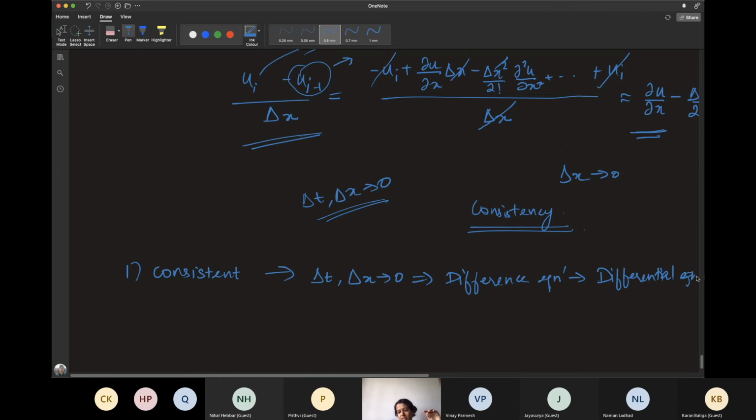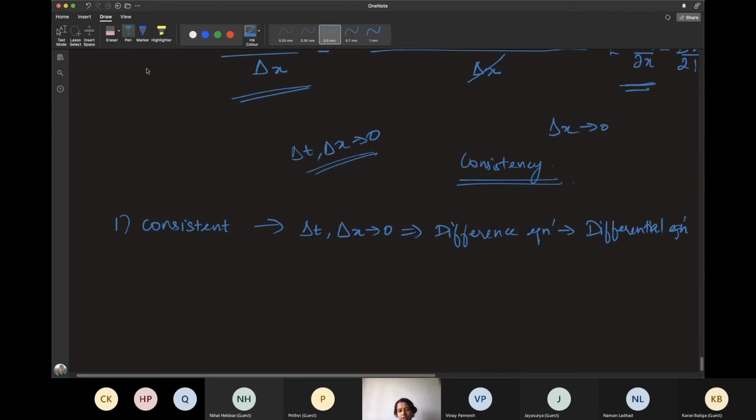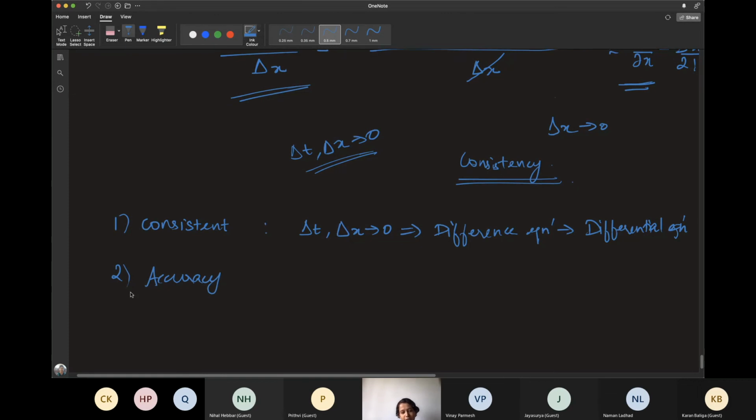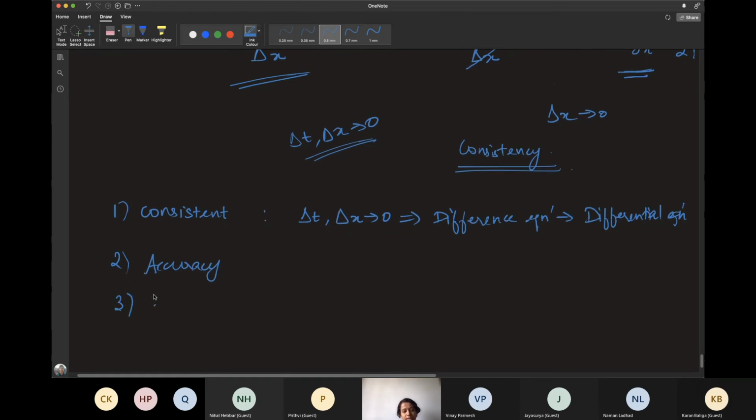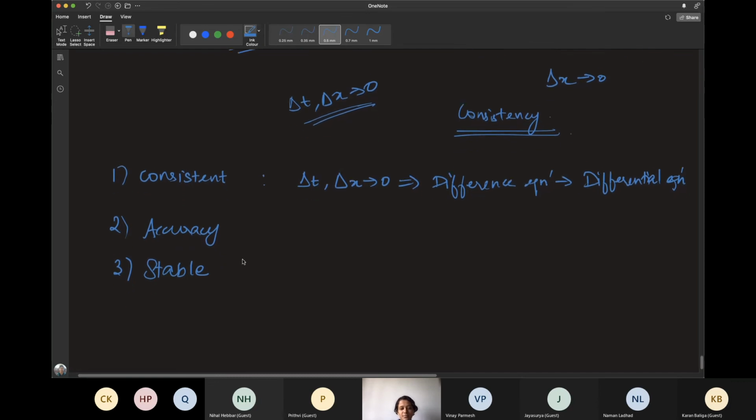If not, then the scheme you have constructed is not a good scheme at all, so there's no point in solving using that scheme. Next, it has to have good accuracy of some order. Then it has to be stable.